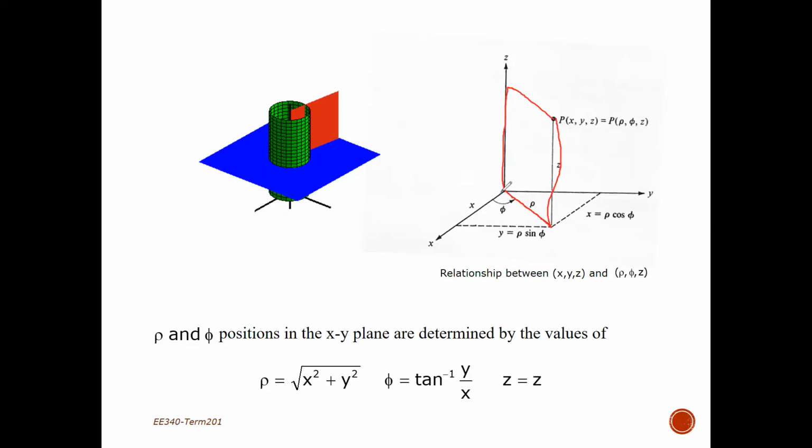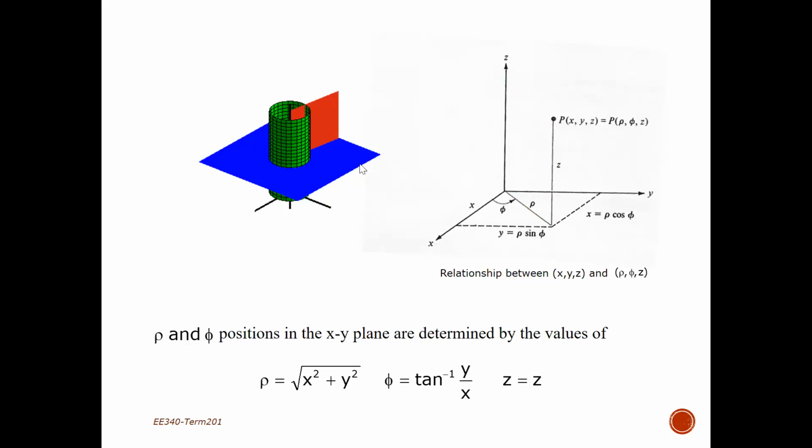You identify it from the x-axis, and this angle is phi, which is called the azimuthal angle. So you require rho, you require phi, and you require z. Z is your z plane, this blue plane, and this value is your z value, and this will define your point in space using cylindrical coordinates.